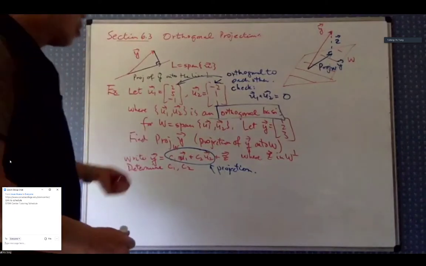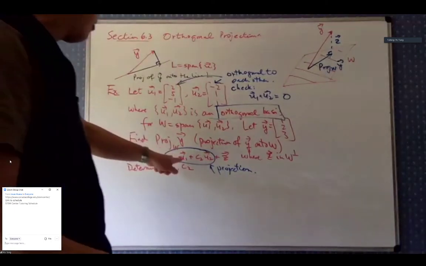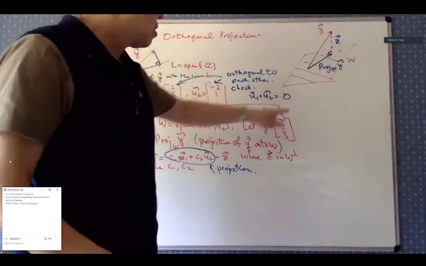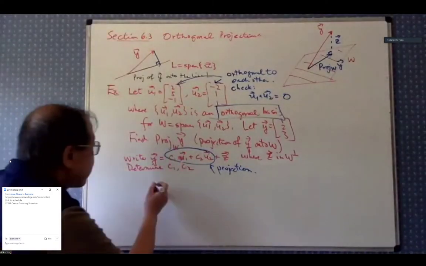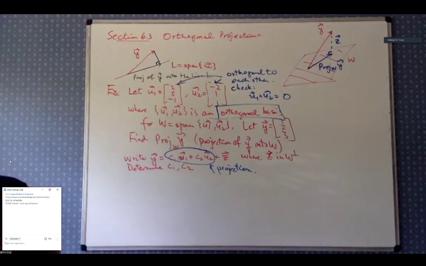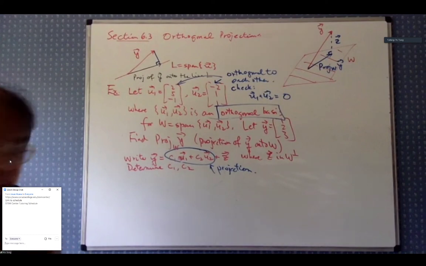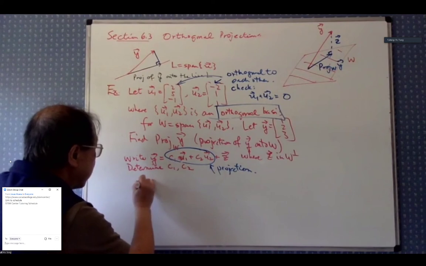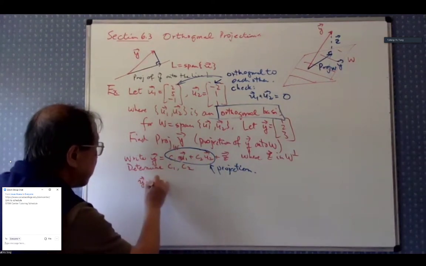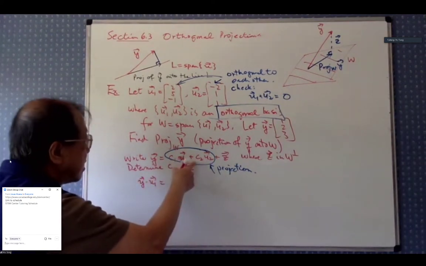The way we determine C1 and C2 depends on the fact that U1 dot U2 is equal to 0. We have done this many times. We take this equation and dot U1 on both sides.